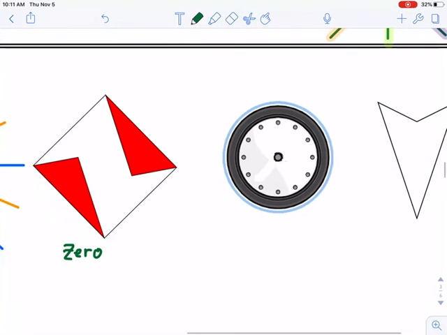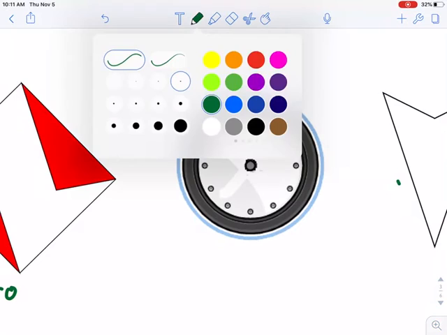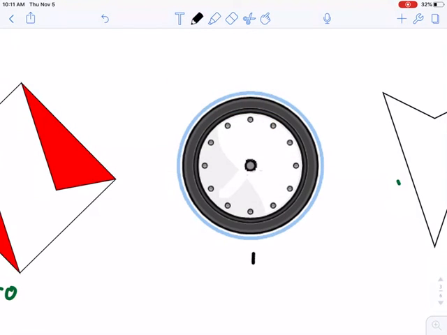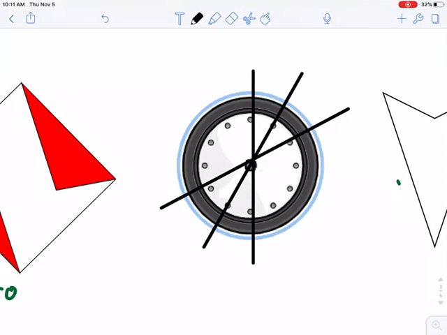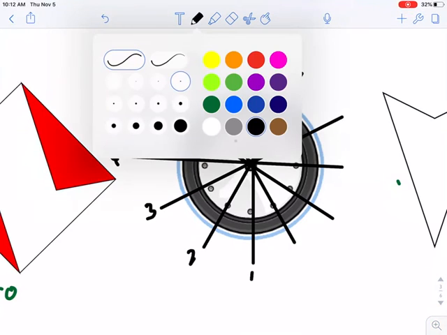Now a circle has infinite lines of reflectional symmetry, but this tire has a little detail, the bolts. All right, so if we go from bolt to bolt, let's see how many bolts there are. We're at 1, 2, 3, 4, 5, 6. And remember, we don't want to double count our lines.